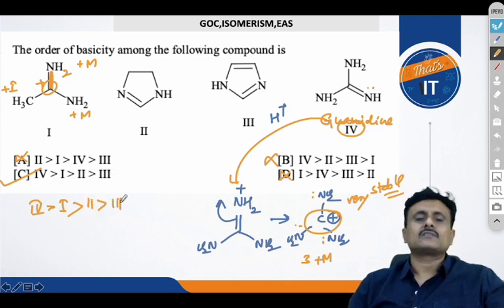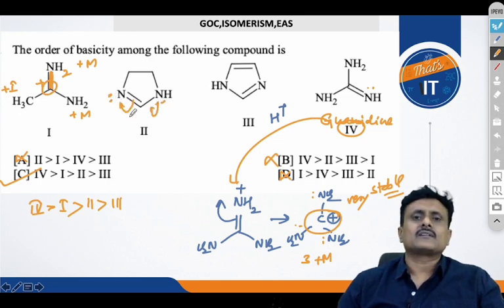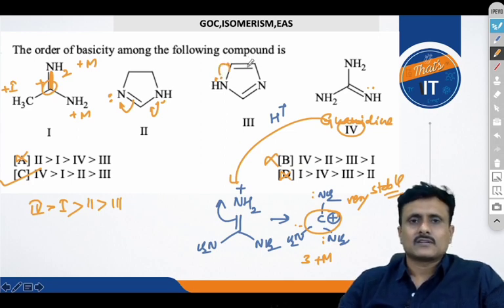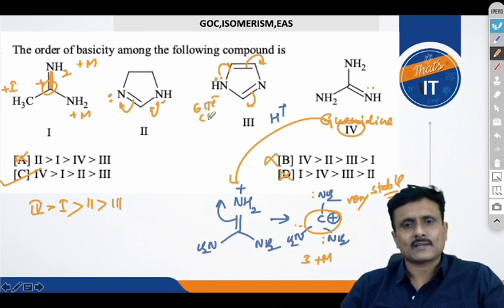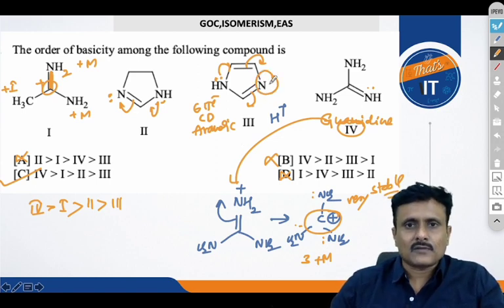Between 2 and 3 you just check that this lone pair is freely available and this lone pair is involved in the delocalization, isn't it? However, this you can see is fully involved in the delocalization, so that this whole group becomes aromatic. So you might be having a question about the basic strength of this nitrogen versus this nitrogen.